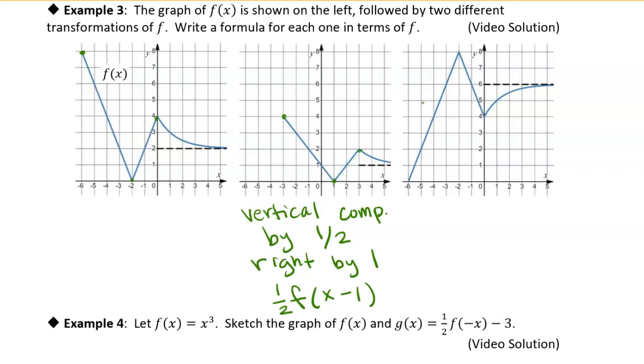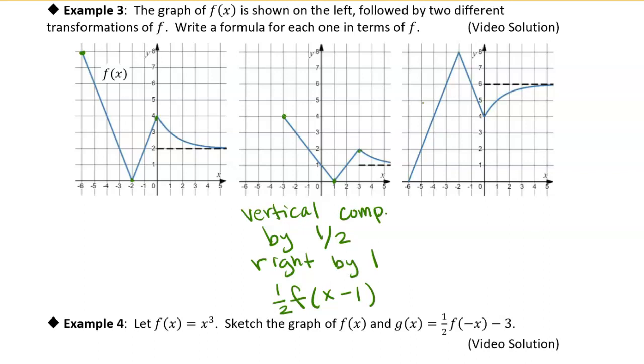All right, now this next one looks upside down. Instead of going down, up, and then down, it's going up, down, and then up. It looks like it's flipped upside down, which seems to imply a reflection. But it's also being shifted.